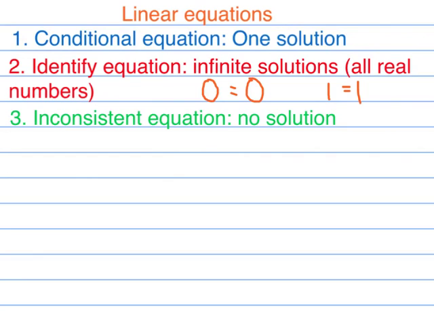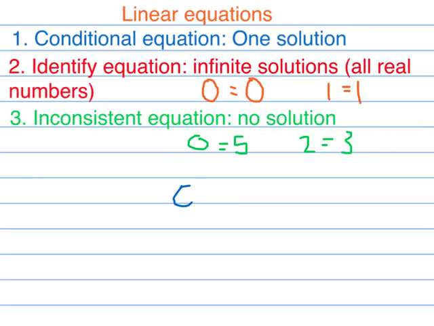Okay. And the third equation that you have is an inconsistent equation, and this is where you have no solution. When you go to solve an inconsistent equation, you'll end up with something either like 0 equals 5, or 2 equals 3. Okay? If you, for some reason, had... let's look at the conditional equation.